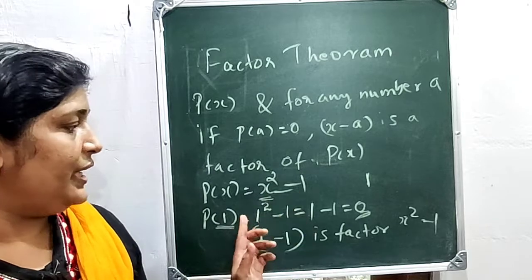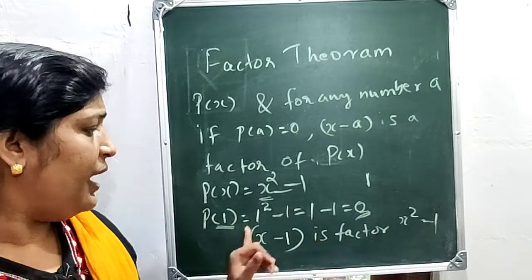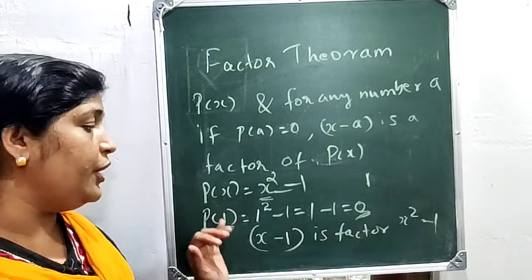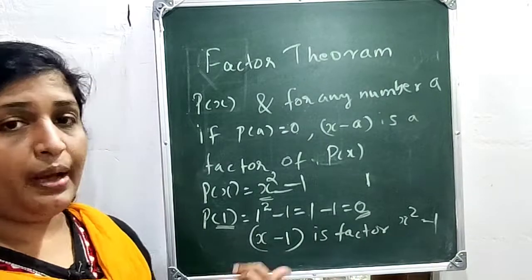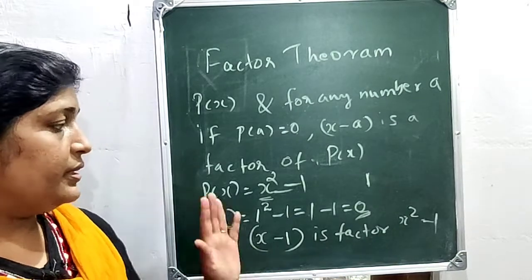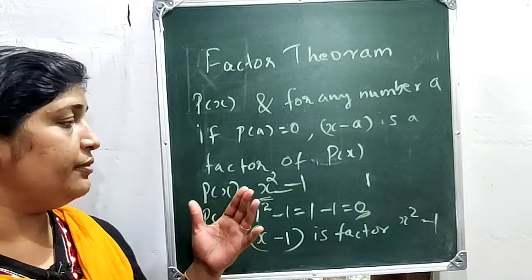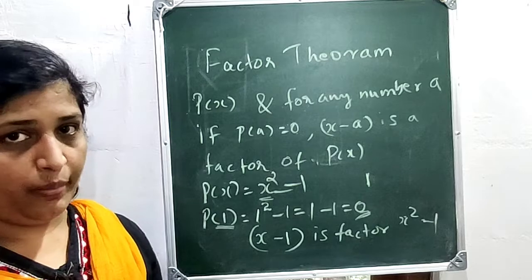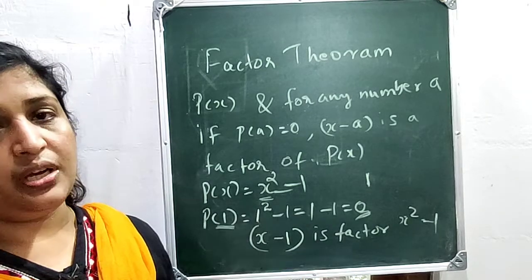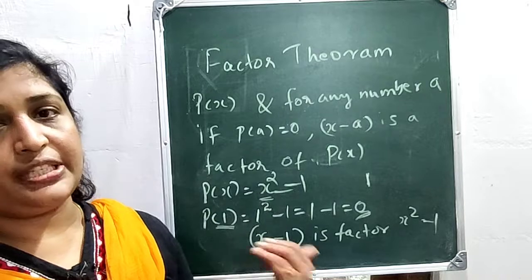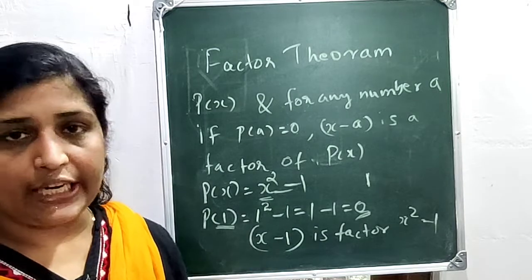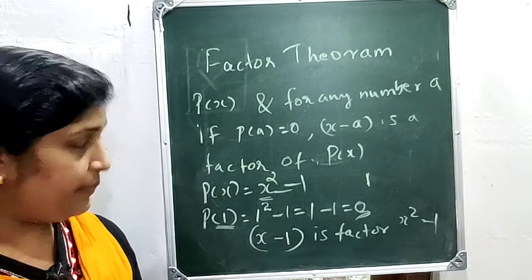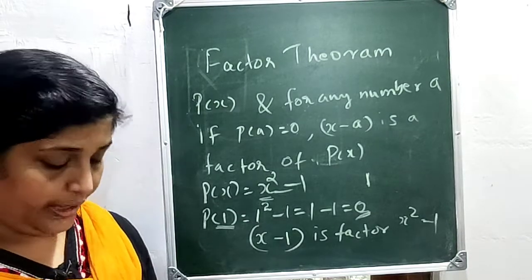Here, if P of 1 is equal to 0, then x minus 1 is a factor. This is how we check whether a first degree polynomial is a factor of a second degree polynomial. This method is used to find whether a first degree polynomial is a factor of a second degree polynomial or not. So this is what we call the factor theorem.